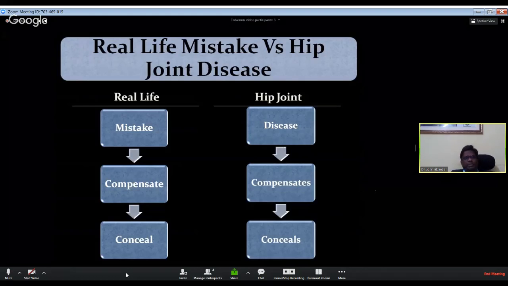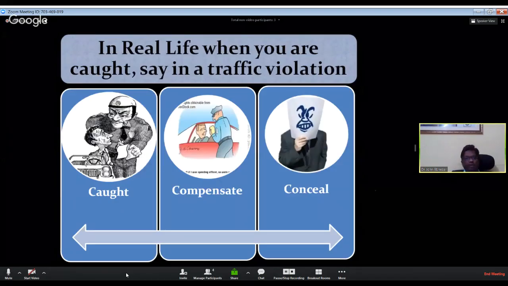So now let us take a philosophical look at the mistakes we normally commit in real life and hip joint disease. What do we do in real life when we commit a mistake? We always try to compensate and we try to conceal the mistake we have done. The hip joint is also similar. The disease tries to compensate and conceals the disease. In real life, when you are caught in a traffic violation, what do you do?